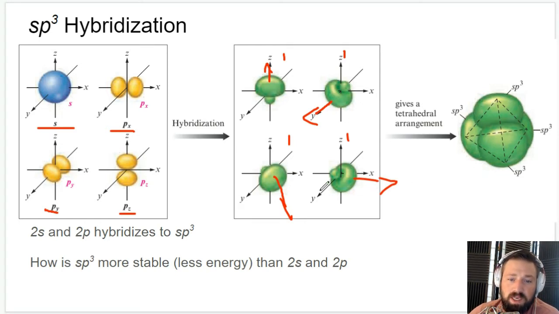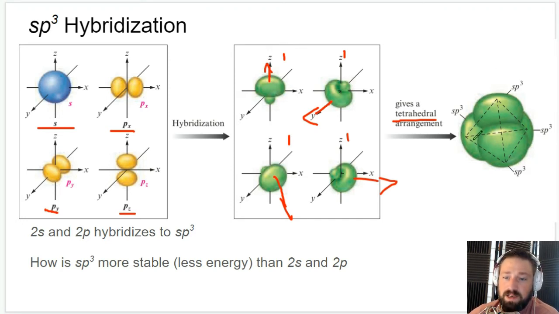And if you remember from VSEPR, these electrons all want to be as far apart from each other as possible. So this is the orientation that they're going to have. Now, where have we seen this tetrahedral arrangement before? Yeah, it's part of VSEPR.